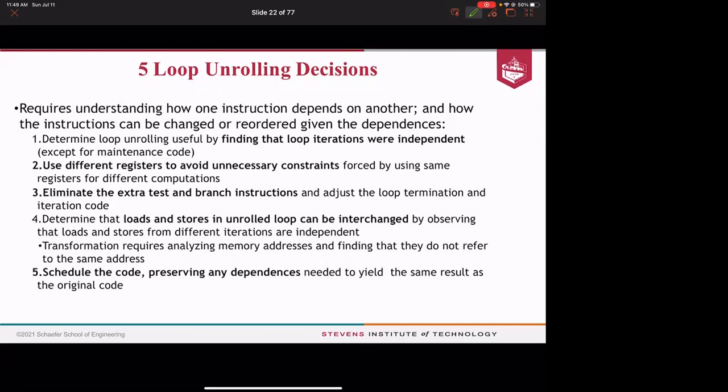We're going to discuss this later. And using different registers to avoid unnecessary constraints, we eliminated the extra test and branch instructions, where the overhead is amortized across iterations. We determined that load and store in an unrolled loop can be interchanged. We schedule the code to preserve any dependencies needed to yield the same results.